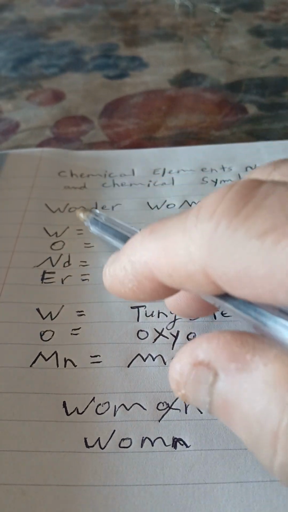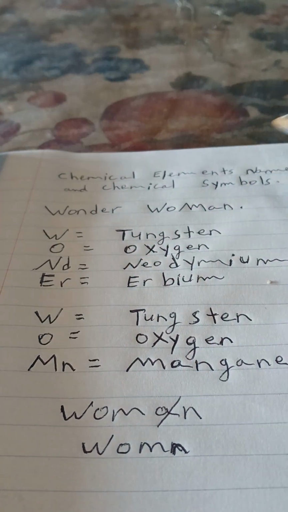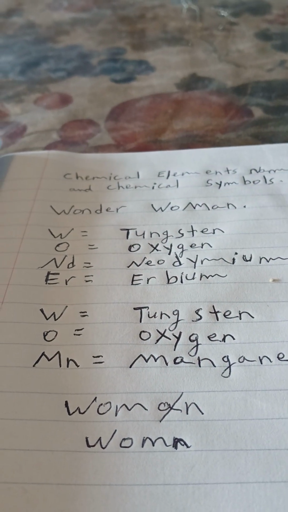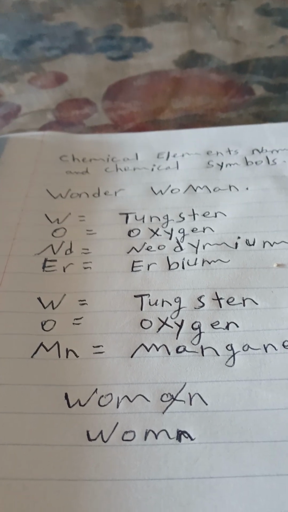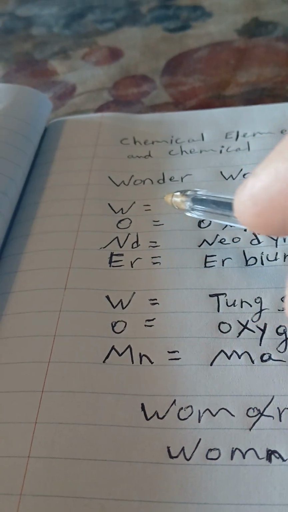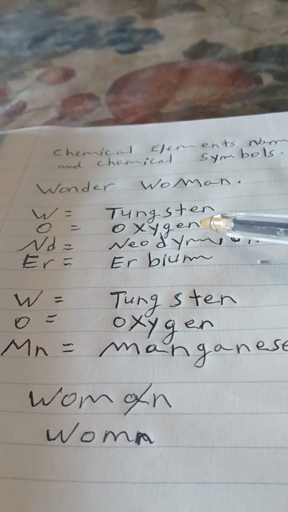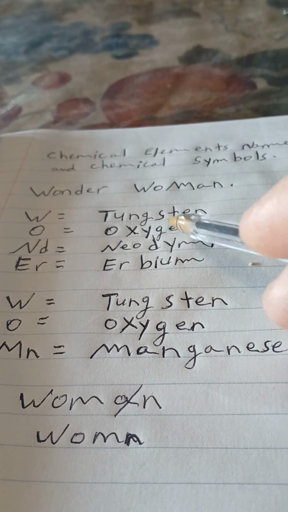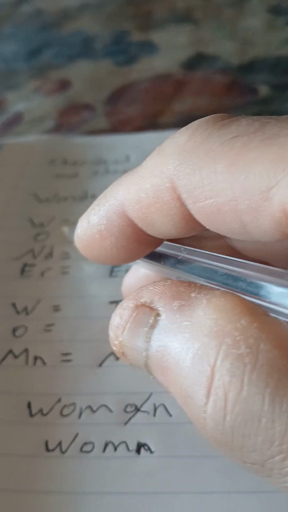So we're going to use that famous woman's name or her title to break down the chemical symbols and chemical element names. Let's start with W. Capital W is the chemical symbol for the element tungsten. Don't confuse W with anything else.